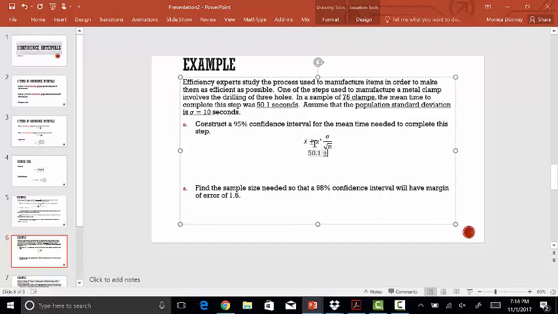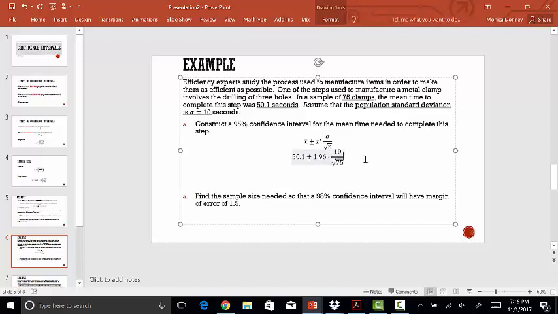And again, that 95% confidence interval happens so often, it's one of those numbers you just want to kind of memorize. So for 95%, our z star is always 1.96. Alright, and then you want to multiply that by sigma, which they told us was 10, that's our population standard deviation, over the square root of n, our sample size, which is 75.